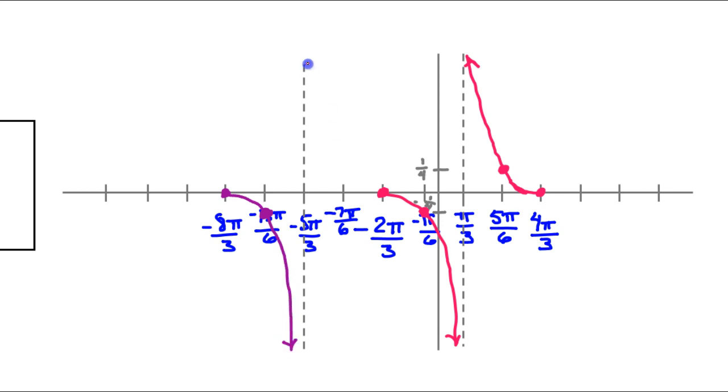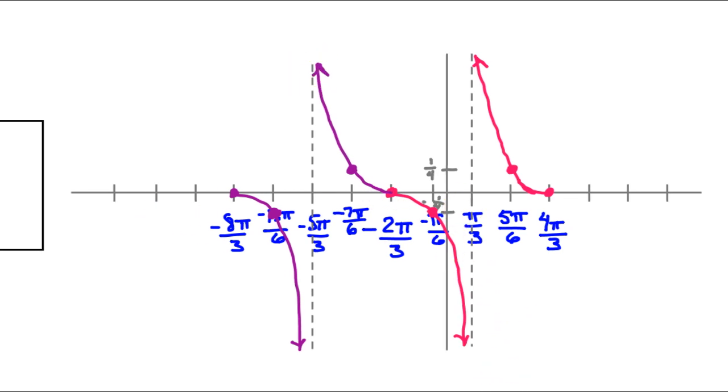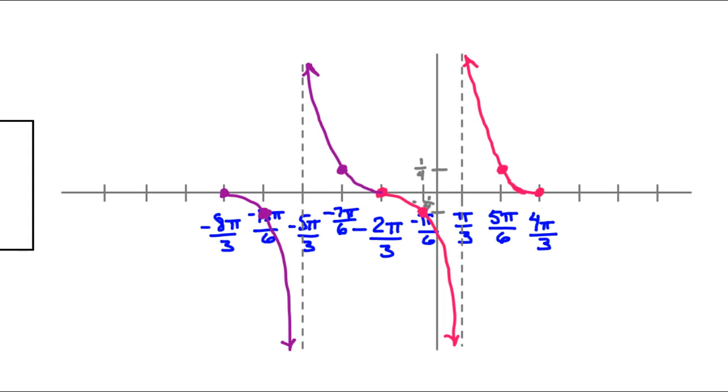Alright, now it should jump up to the sky so it can again fall its way back towards the midline. Again, I need this extra point halfway over at this a value, so I'm going to put a nice dot right there. So as I fall, I'm going to make sure that I pass through that point. So that is what two periods of the tangent function should look like.